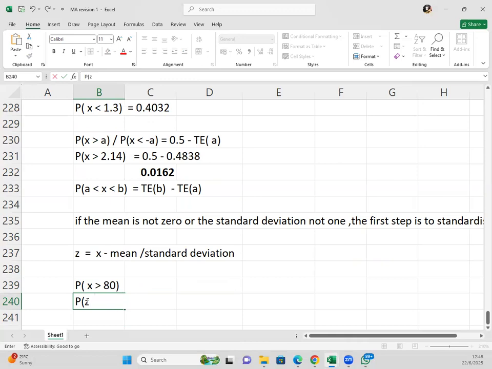Then you say greater than. Now you apply that formula. So Z is equal to what? X is the value that we had, the 80, minus the mean, which they had given you. What was the mean on the question?